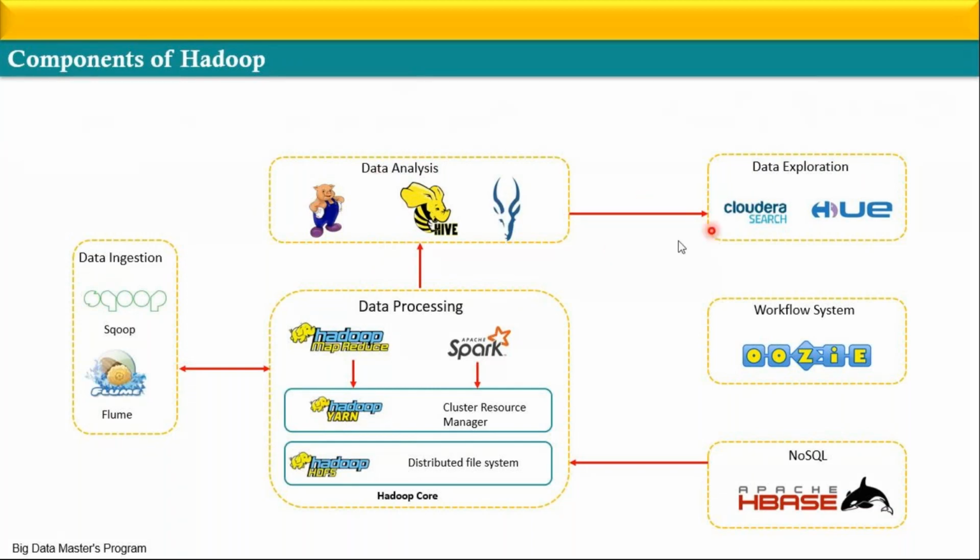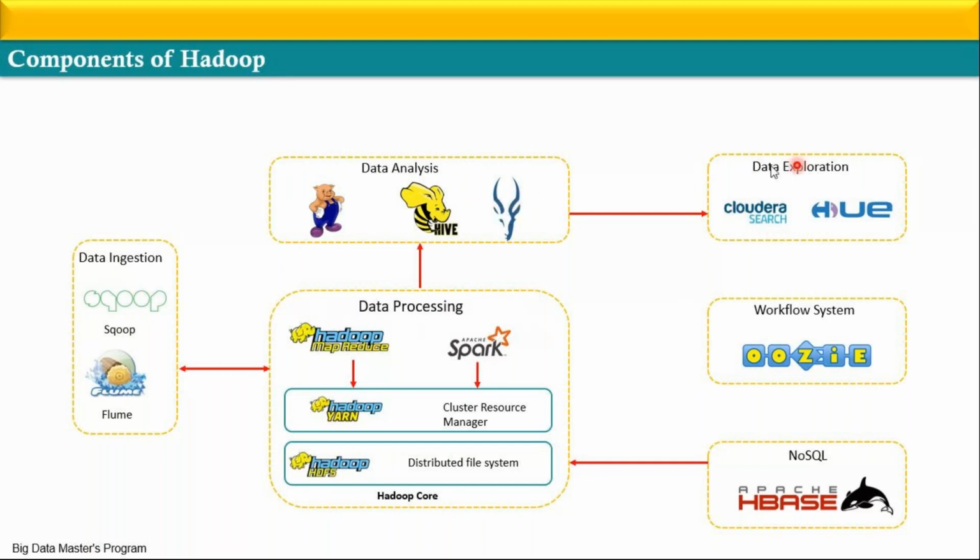Then, from the data exploration perspective, Cloudera Search is there, Hue is there. These tools provide the graphical user interface for these aspects. Say you want to utilize a graphical user interface for Hive, then you can utilize Hue for that.